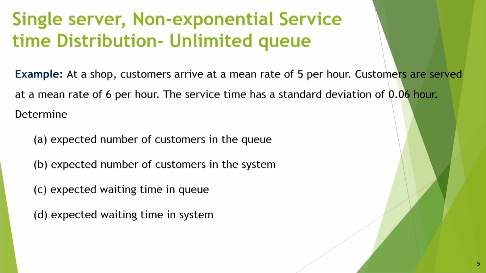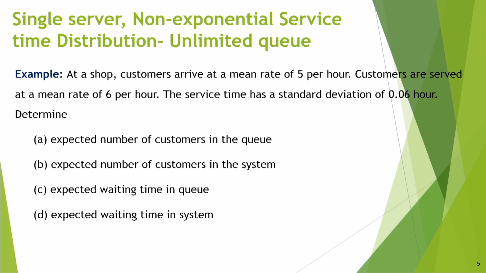Now what happens? Let us do an example of one problem, single server but non-exponential service time distribution and unlimited queue. That means the queue can be as big as possible. Example: at a shop, customers arrive at a mean rate of 5 per hour. Customers are served at a mean rate of 6 per hour.